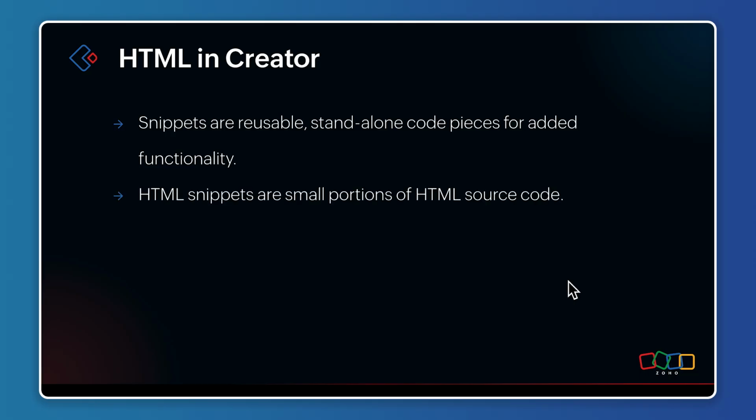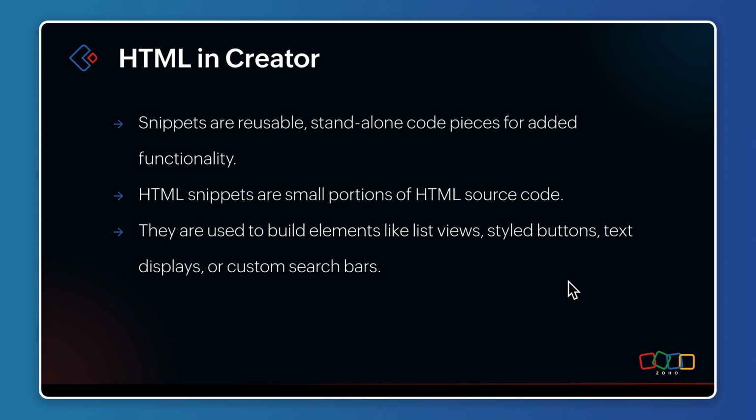Then you can add different elements like list views, styled buttons, text displays, or even custom search bars. HTML snippets are small portions of the HTML source code, right? With the help of HTML, you can easily customize your dashboard.